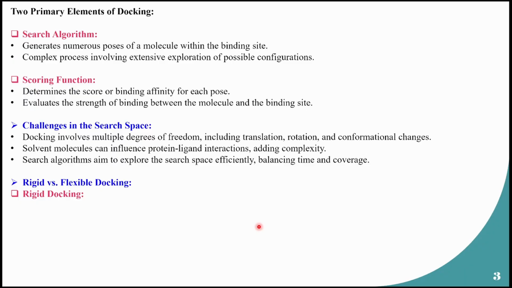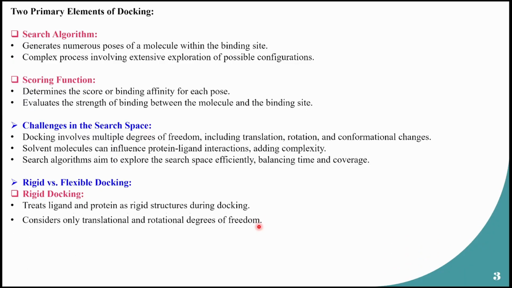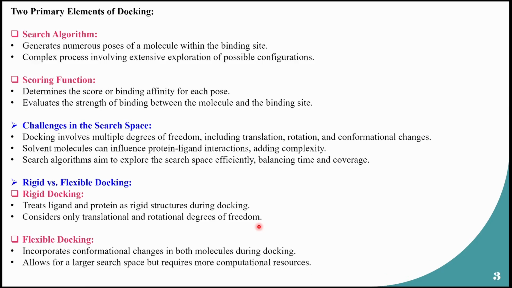And depending on the computational power you have, you can decide the scale of thoroughness you want for both of these, right? So we know that for the search algorithm, there are several challenges. For example, due to the ligands having multiple degrees of freedom, it's quite challenging if you go for screening of a large library.